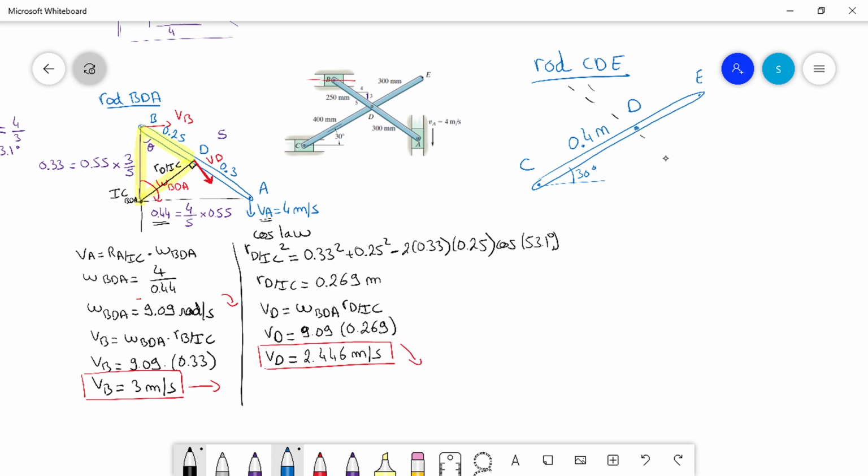Let me try to do this in the same way. Point A, that was VA, that was VB. VA is a little bit above. I just don't want to put too much info there.